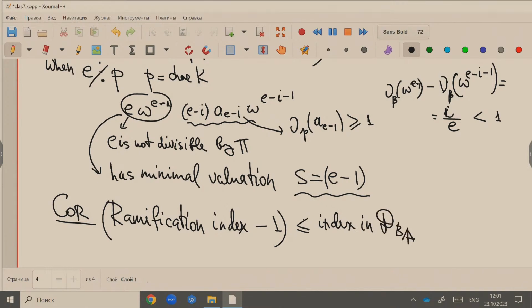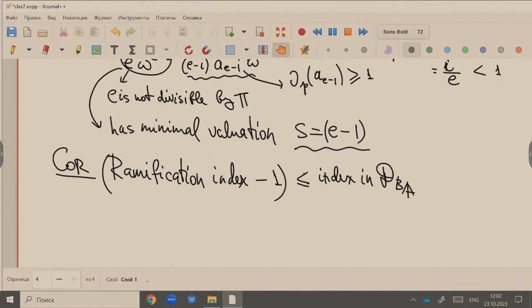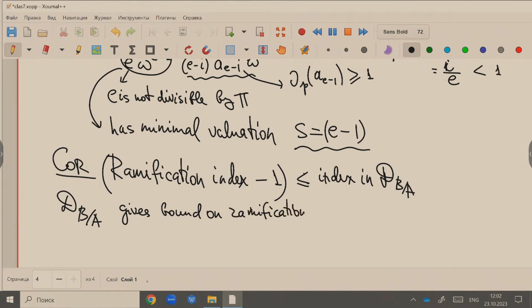That gives you a bound on the ramification. So the existence of the different gives a bound on ramification indexes, and proves that there is only a finite number of them.